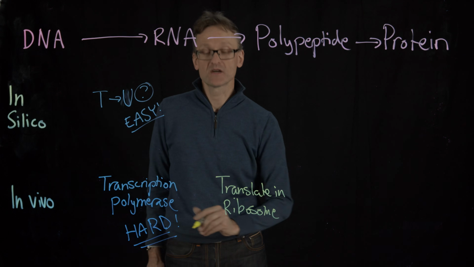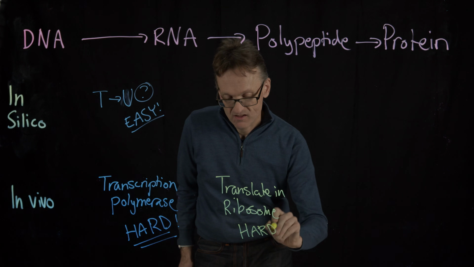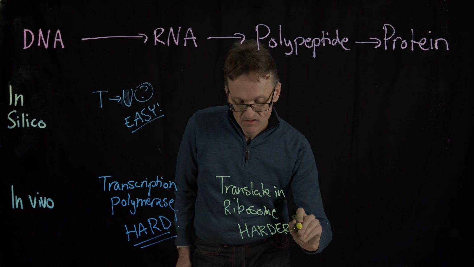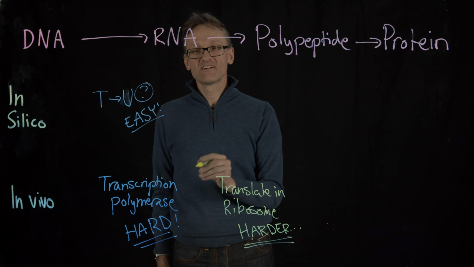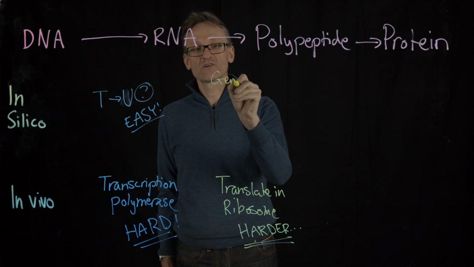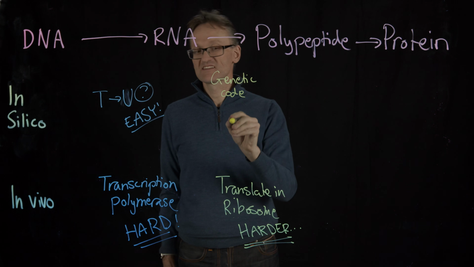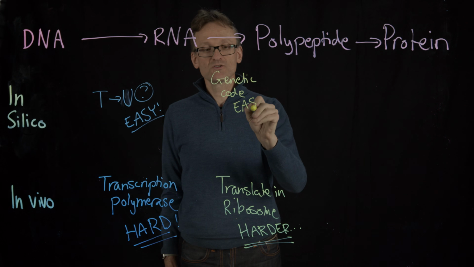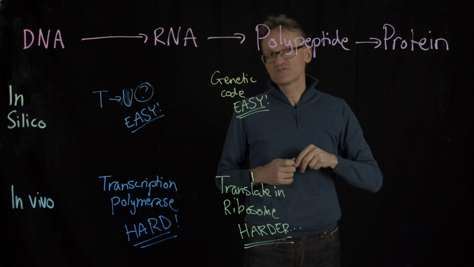That's a much, much, much harder problem. It's insanely hard. While here, this is just the genetic code. Triplets. Also easy, if you remember that. So do you see the difference here?